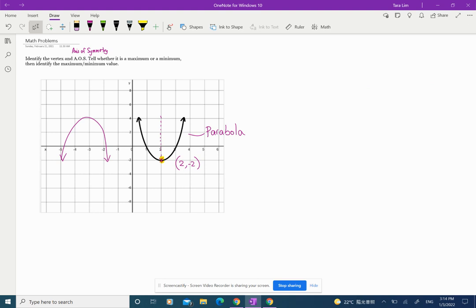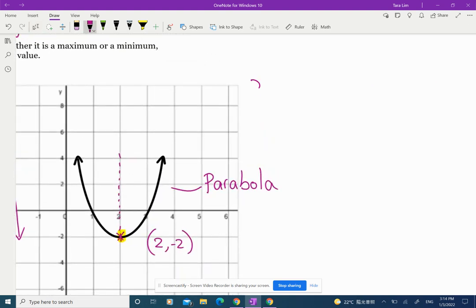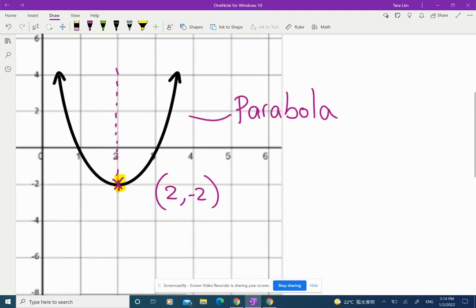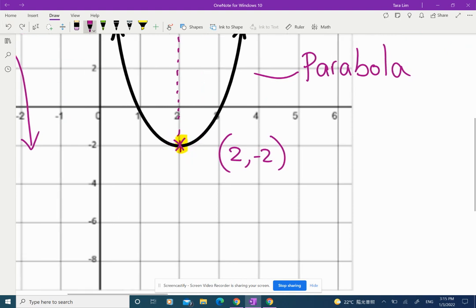Now for the axis of symmetry, the axis of symmetry is always something like x is equal to something. So how do we know x is equal to what? Here it's always based on the vertex. So what is x? Here we have a coordinate, right?